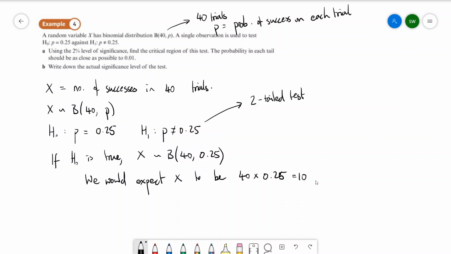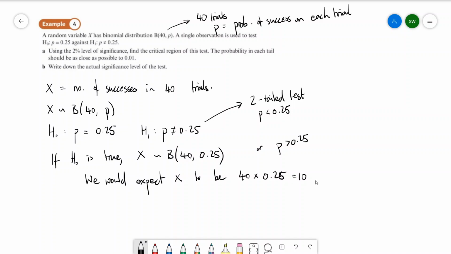So next we've got to try and work out what values of x are going to support H1, suggest that H1 is true. Well, encoded within this probability is not equal to 0.25, we've got two cases. Either the probability is less than 0.25 or the probability is greater than 0.25.